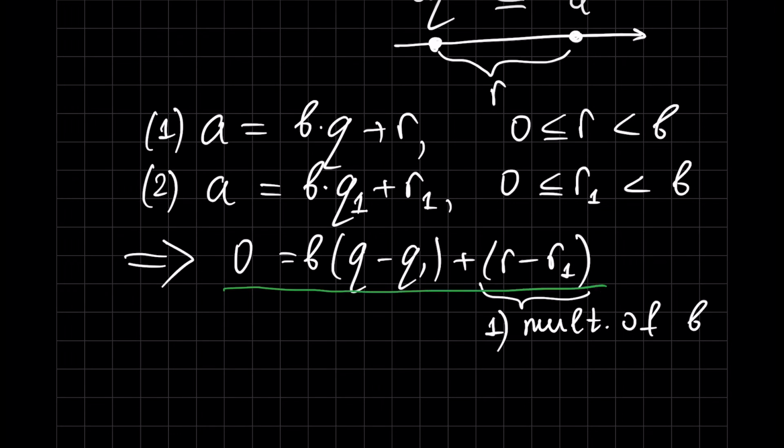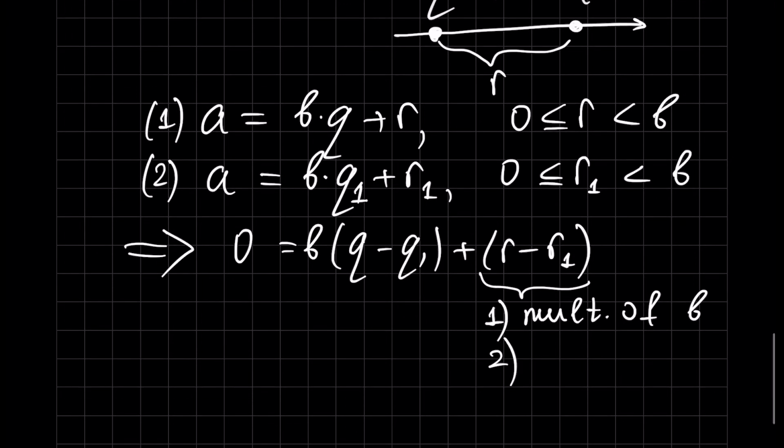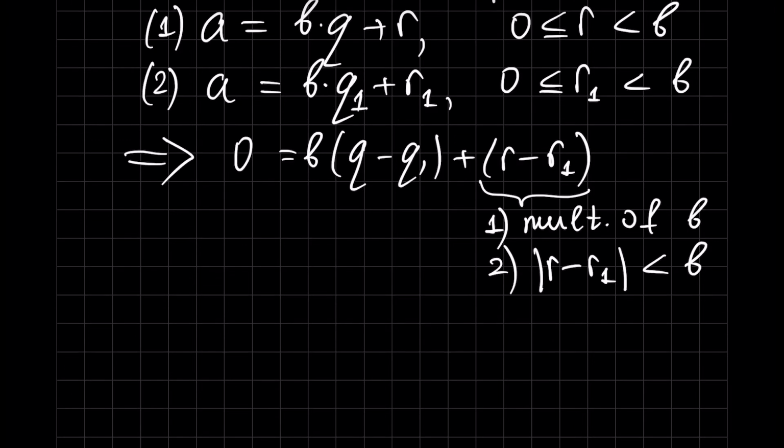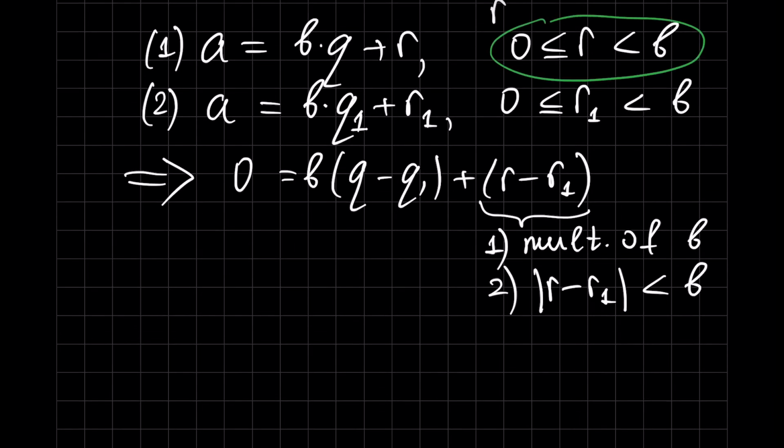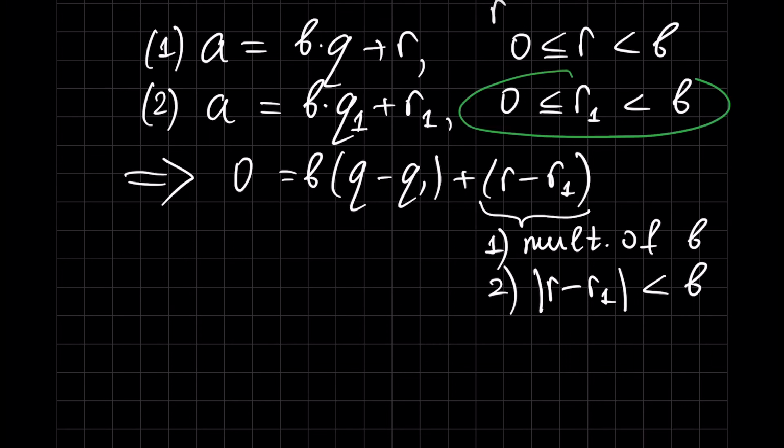Obviously, because of this representation and definition of being multiple. Next, obviously, absolute value of R minus R1 is less than B. This inequality is because R is between 0 and B, and R1 is also between 0 and B, and the absolute value of R minus R1 is less than B.